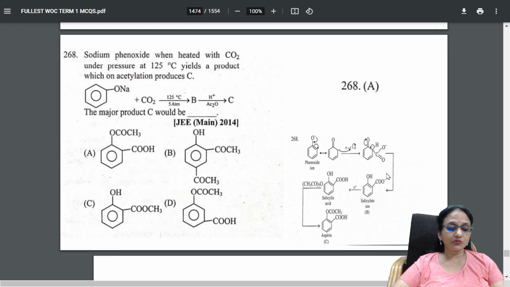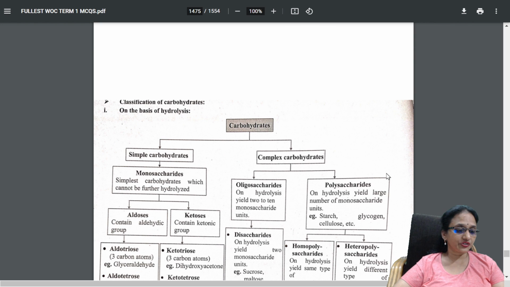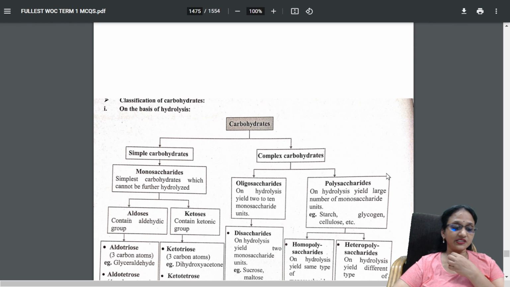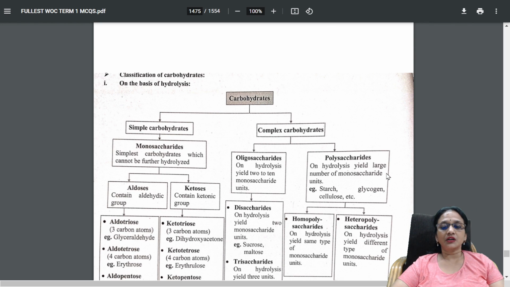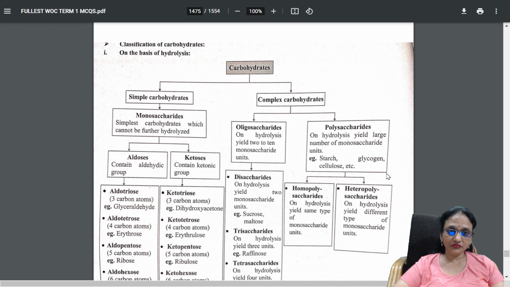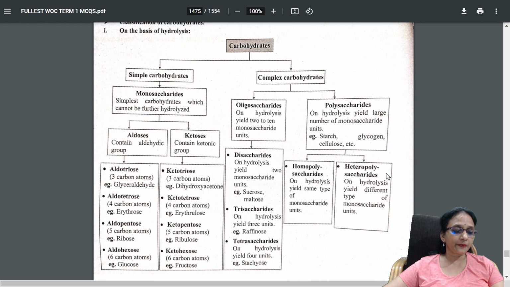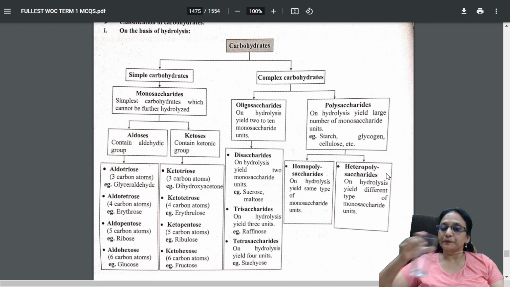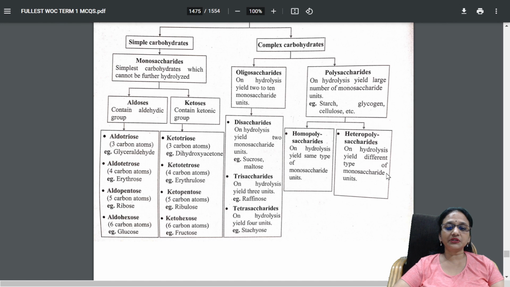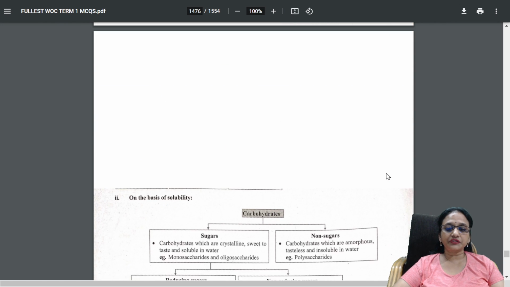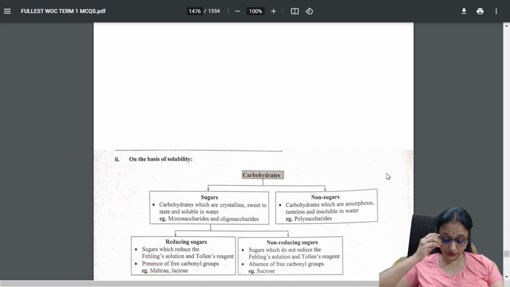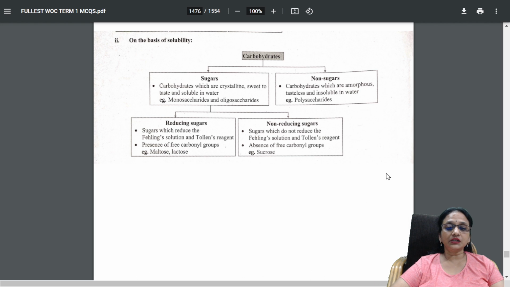Now let's see the biomolecules chapter. Again, you're going to study the classification of carbohydrates like this, compulsory. Examples are also given. This table is very important, students. So study the table, and an important thing, further classification based on solubility also.